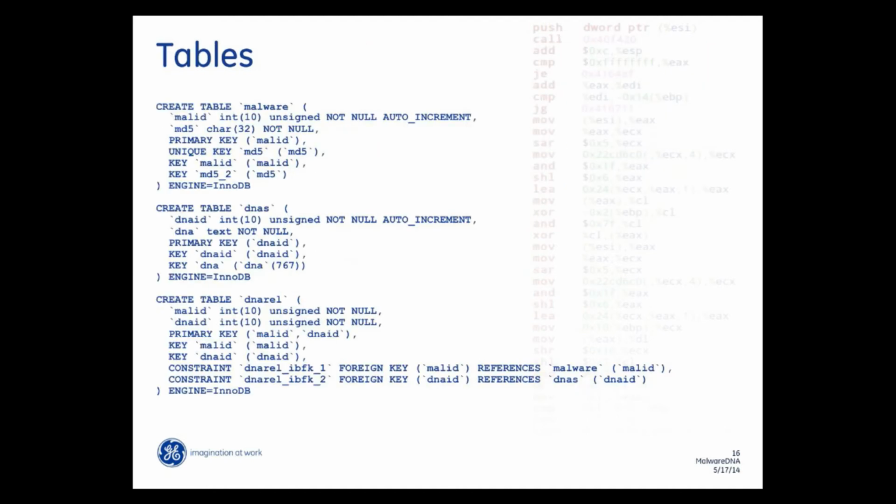So these are the tables I set up for this. I'm not going to talk through all of it, but there are 3 tables. The malware table, where I make unique IDs for every one of my MD5s and malware samples. What I call my DNAs, or DNA strings, which is the actual string content of each one of those block hashes. I give it an ID as well.